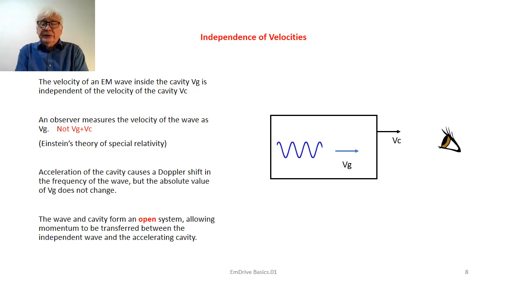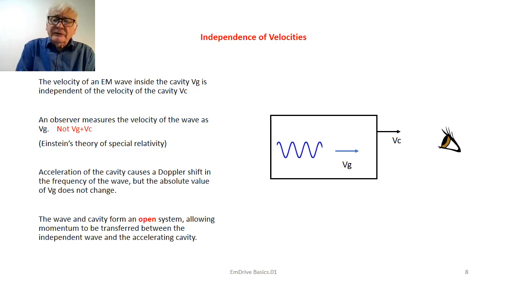What does happen to an electromagnetic wave in a cavity is when it is accelerated, then you get a Doppler shift in the frequency. And this will be looked at very carefully in the later generations of EmDrive. So you get a Doppler shift, but you do not get a change in the absolute velocity Vg.